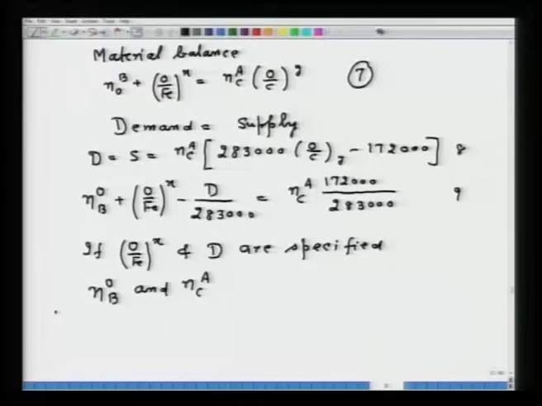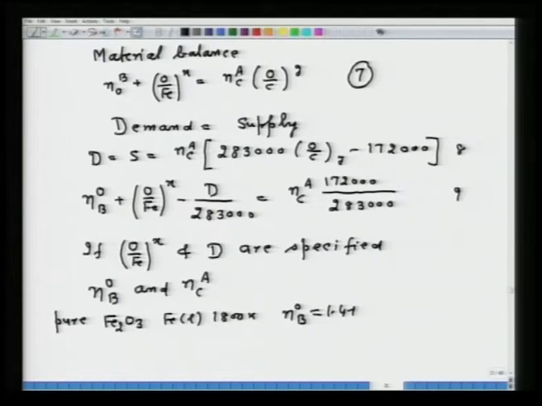Let us take pure Fe2O3, iron liquid at 1800 Kelvin, and NOB I am taking as 1.41, then we can find out the coke requirement.